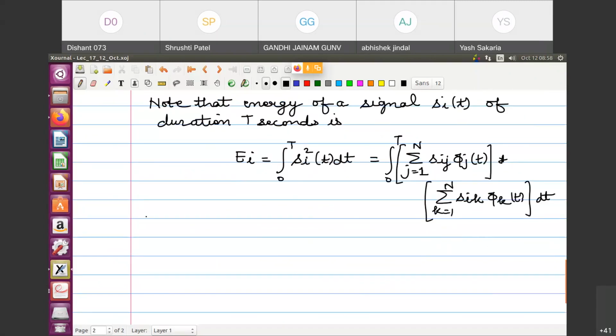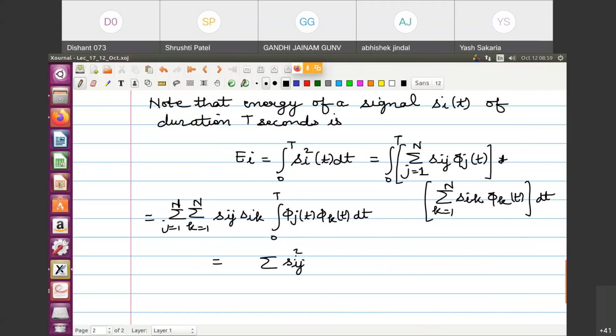Now this comes to the summation j equal to 1 to N, k equal to 1 to N, Sij Sik, integral 0 to T of phi j(t) phi k(t), and this is equal to the summation of Sij squared, j equal to 1 to N, which is the norm, or the squared length.